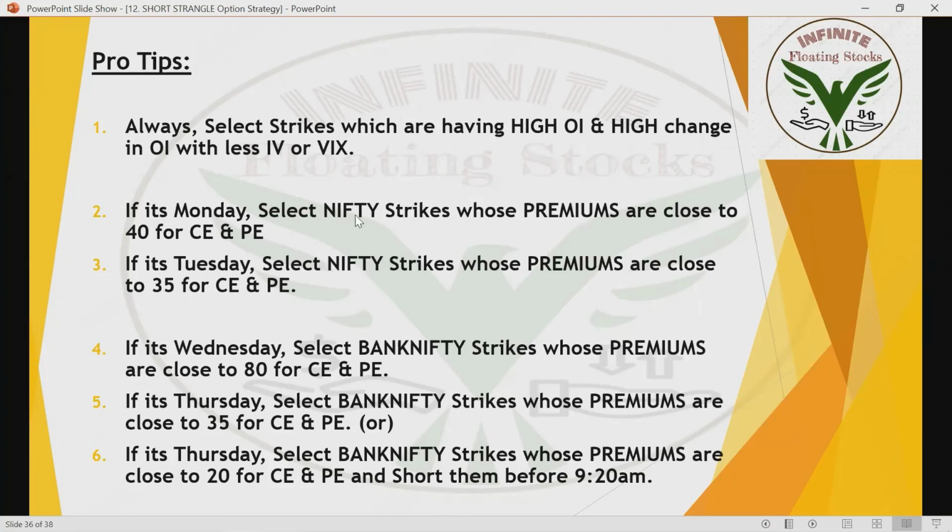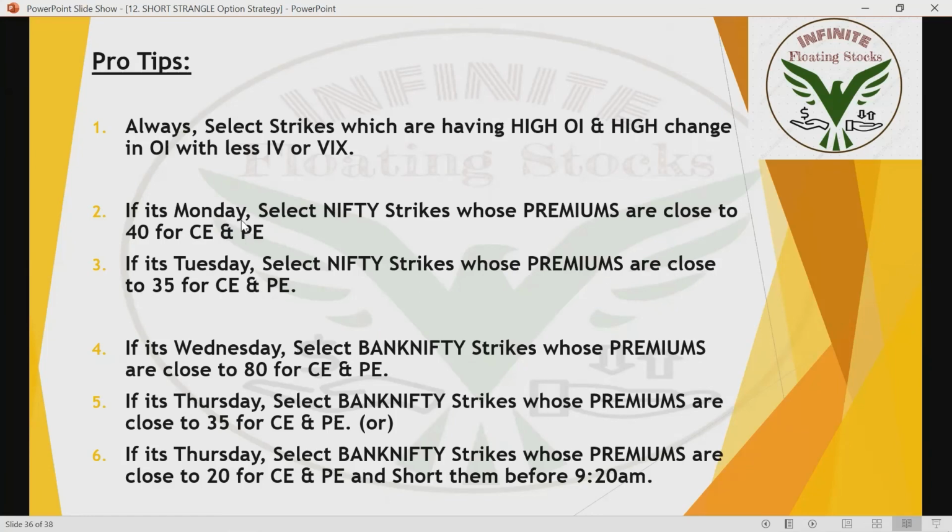On Monday, select Nifty strikes whose premiums are close to 40 for CE and PE. If it is Tuesday, you again need to trade Nifty only because it's less volatile and suitable for beginners. So on Monday choose strikes whose premiums are close to 40, and on Tuesday choose strikes whose premiums are close to 35.